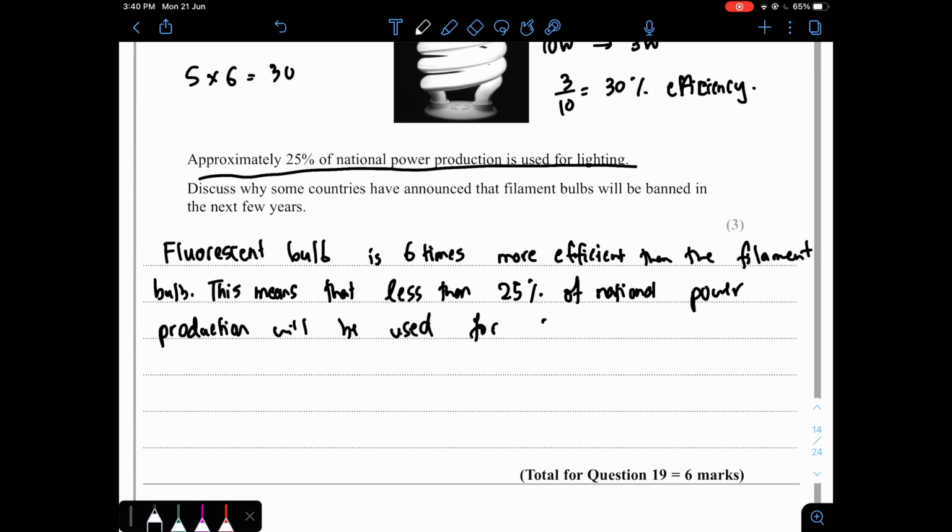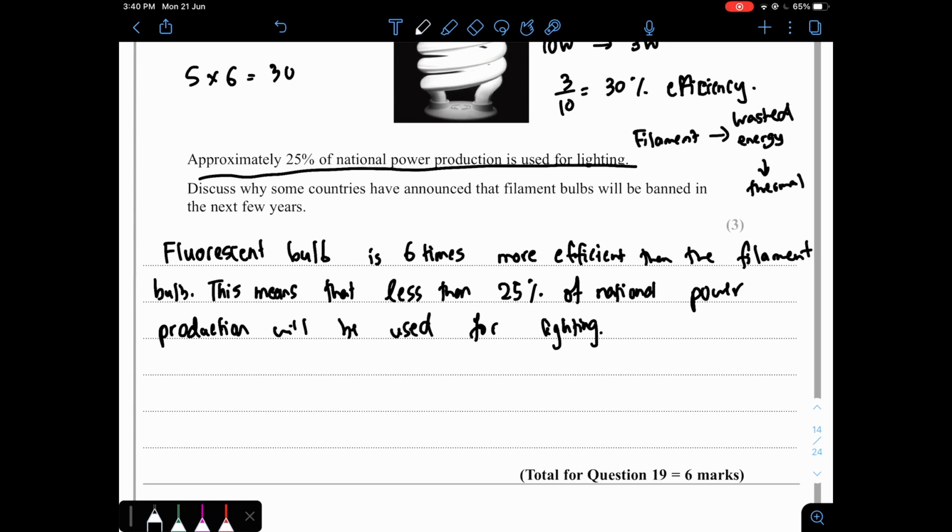What else can we talk about? If it's more efficient, right? What's happening to the normal filament bulb? The filament bulb, usually what happens to it? It gets hot, right? With a filament bulb, we waste energy through heat. The wasted energy is usually thermal, right? Which energy is thermal?